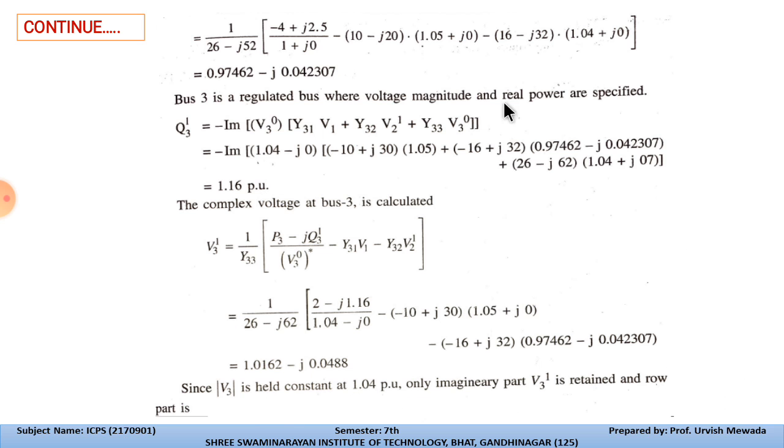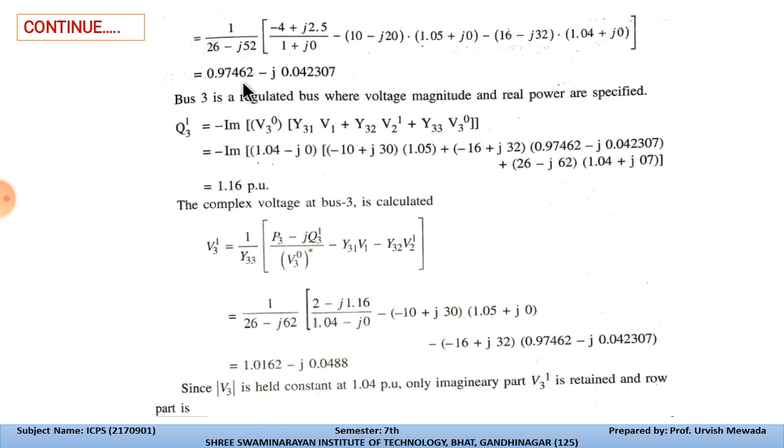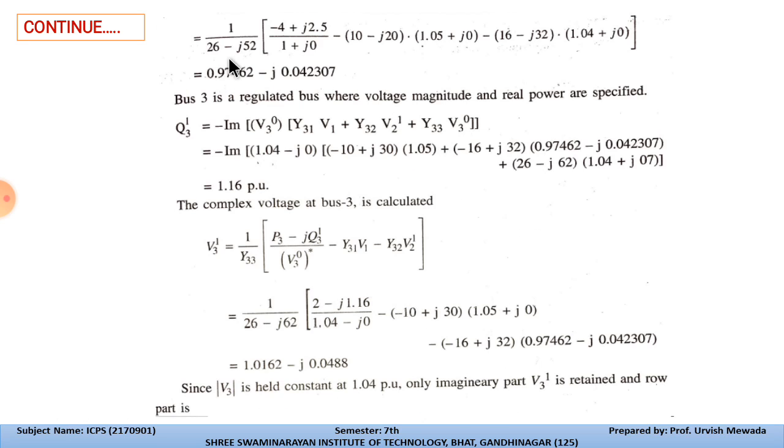By putting all the values of V1, V3 0 and V2 0 conjugate, we will have the value of V2 1 equal to 0.97462 minus J0.042301.